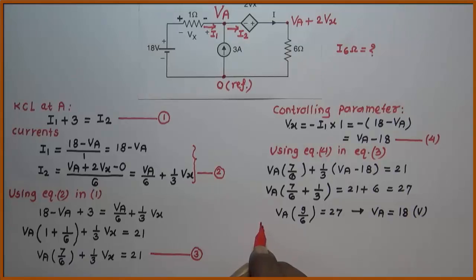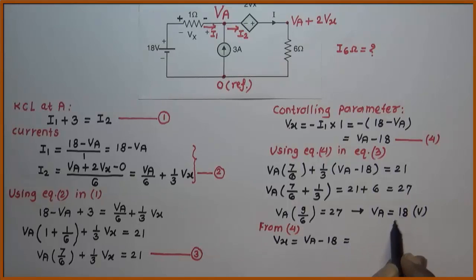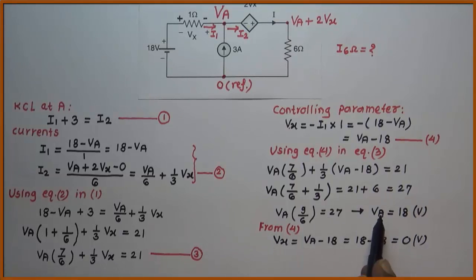From 4, Vx is equal to Va minus 18, but Va is 18, so it is 18 minus 18, that is equal to 0. So we have the value of Va, here Va equal to 18, Vx equal to 0.